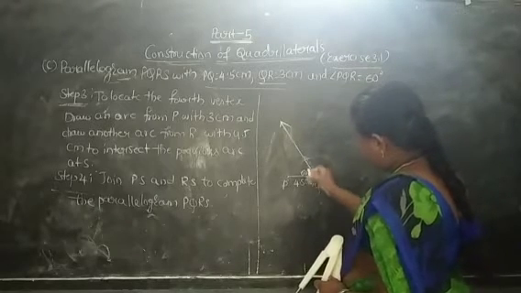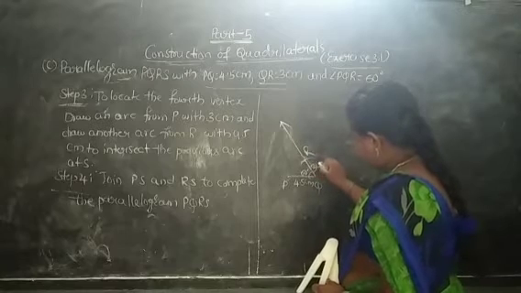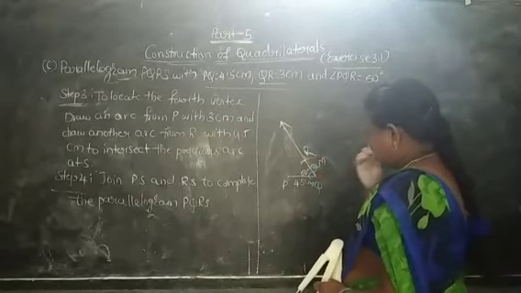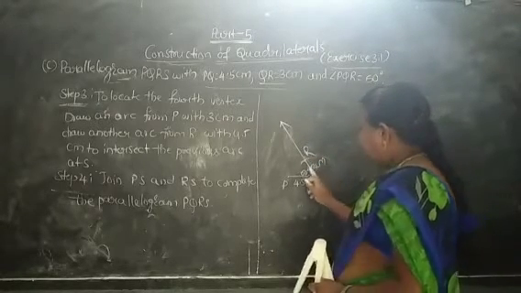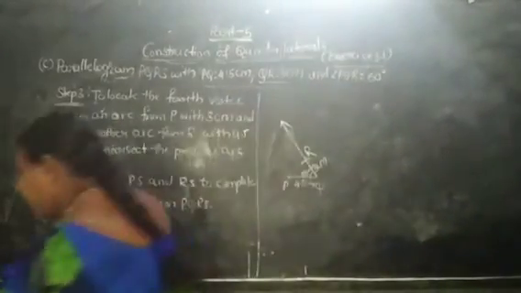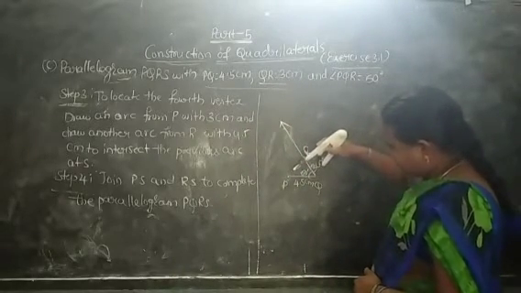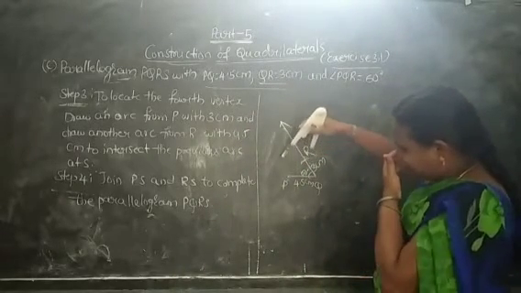Okay, this is R, QR of 3 centimeters, and from R with 4.5 centimeters. This is a parallelogram. In a parallelogram, the pairs of opposite sides are parallel and equal.